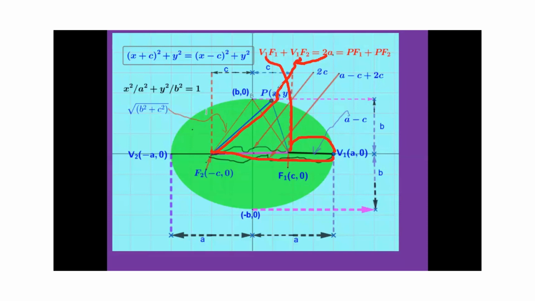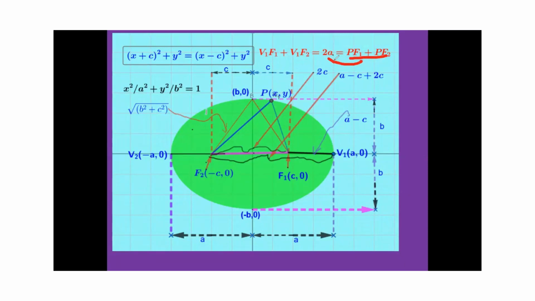The conclusion is the distance from any point on an ellipse to F1 plus the distance from that point to F2 equals 2A, which is PF1 plus PF2 equals 2A. 2A is the length of the major axis.